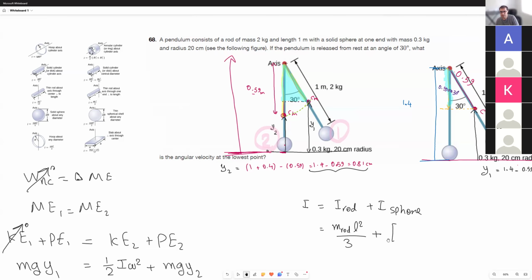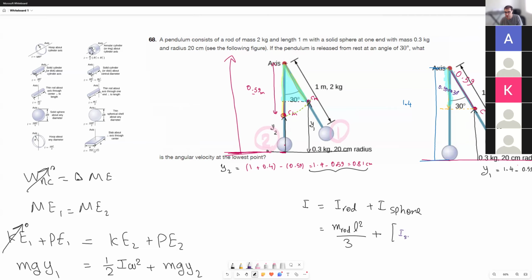I sphere. Eric is saying I sphere is going to be, and also Donghoon, they're saying the same thing. They were saying I sphere plus I rod.